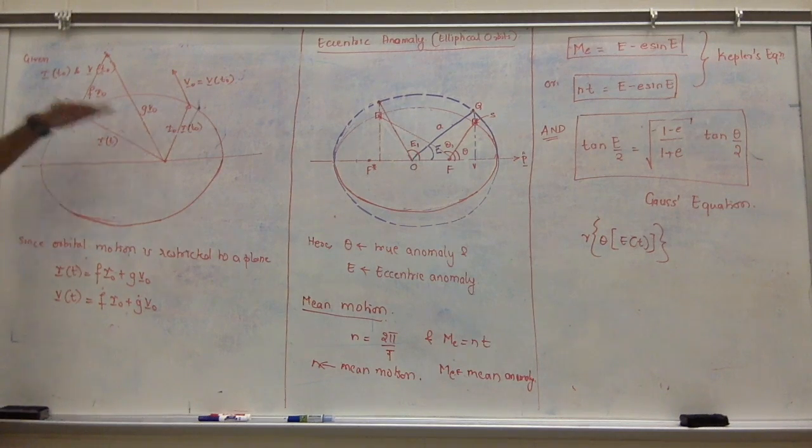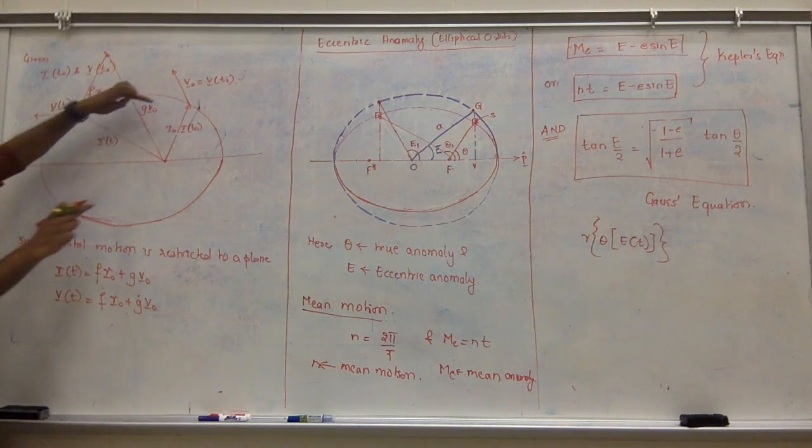This is because of geometry. If you apply this without taking into consideration orbital mechanics, it will still hold. If you just apply it for geometry, it will still be true.